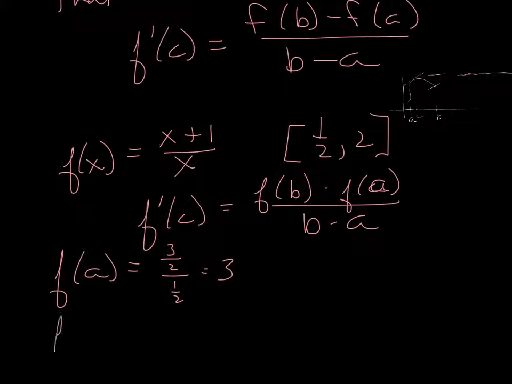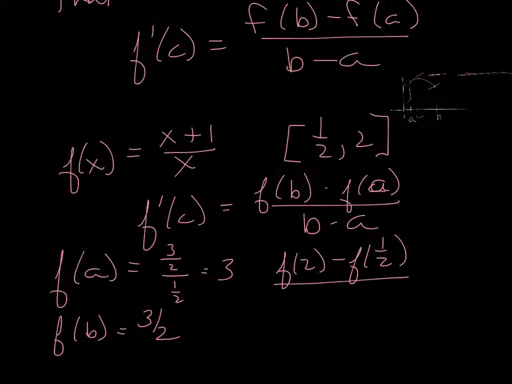What is f of b? 3/2. All right. So f of b minus f of a is going to be f of 2 minus f of 1/2 over 2 minus 1/2.